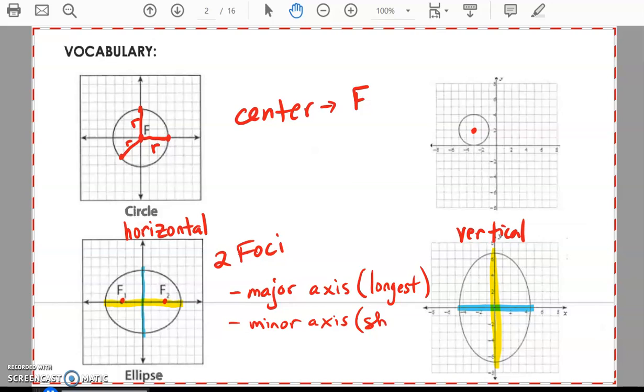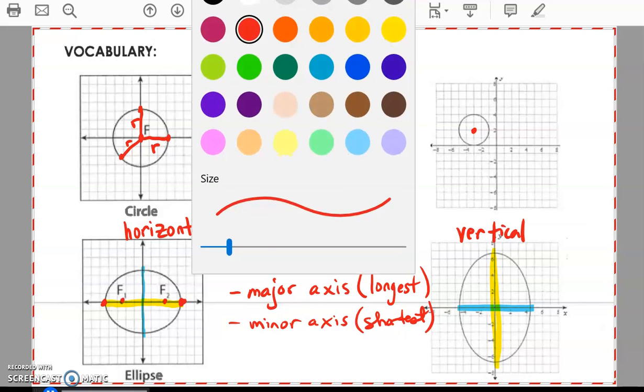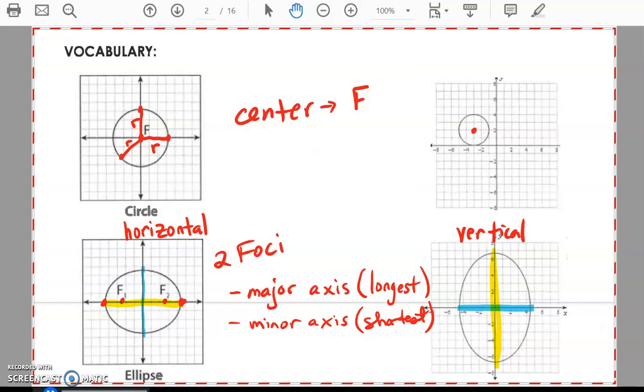This is the shortest. And we have vertices. There are co-vertices and vertices. The vertices are along the major axis. So you can see here are our vertices.